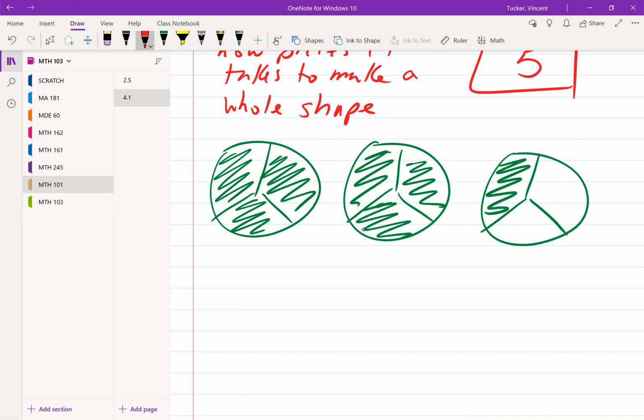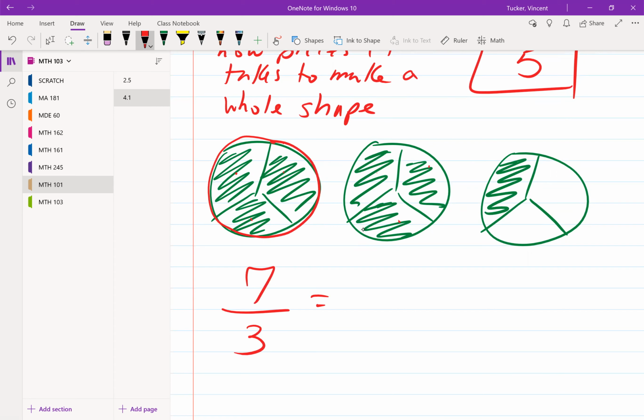How many pieces are shaded? We have 1, 2, 3, 4, 5, 6, 7 pieces shaded. Then how many pieces does it take to make a whole shape? Keep in mind, this is a whole shape, so it only takes 3 pieces to make a whole shape. So it's 7/3.